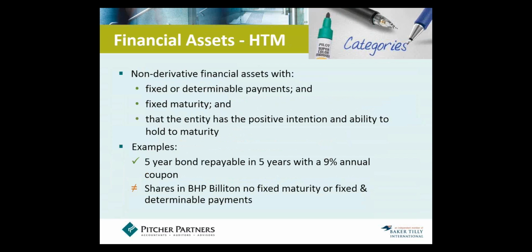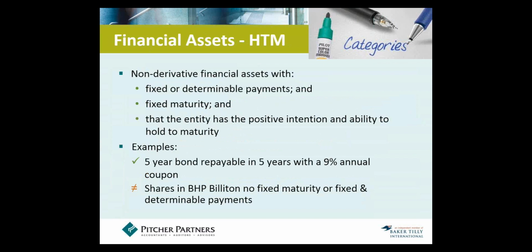Although it's our intention and ability to hold them to maturity, the other important part is that these are items that, if you wanted to get rid of them, you could quite easily sell them to somebody else, and they take over your asset, for example. So held to maturity means you've got the intention to hold it to maturity. Shares in BHP Billiton don't have a fixed maturity or fixed and determinable payments.